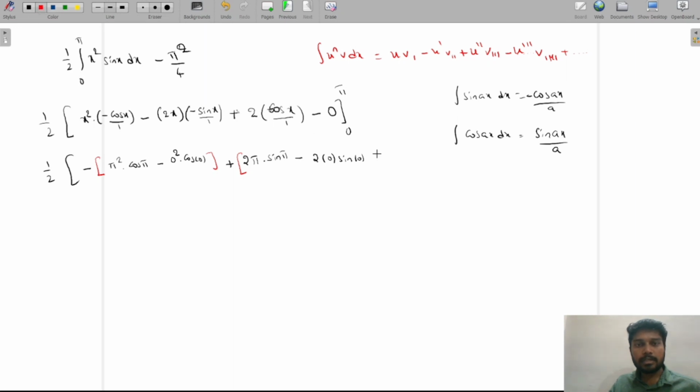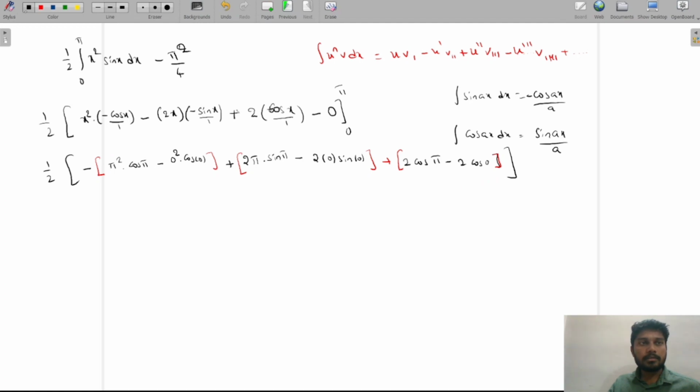So for the second term also upper limit, lower limit is over, plus. Now coming to this third term, 2 into cos upper limit minus 2 into cos lower limit, bracket close, and now main bracket close.